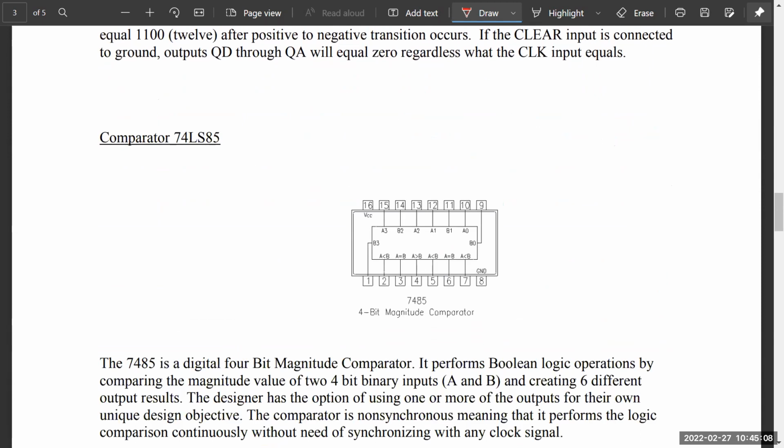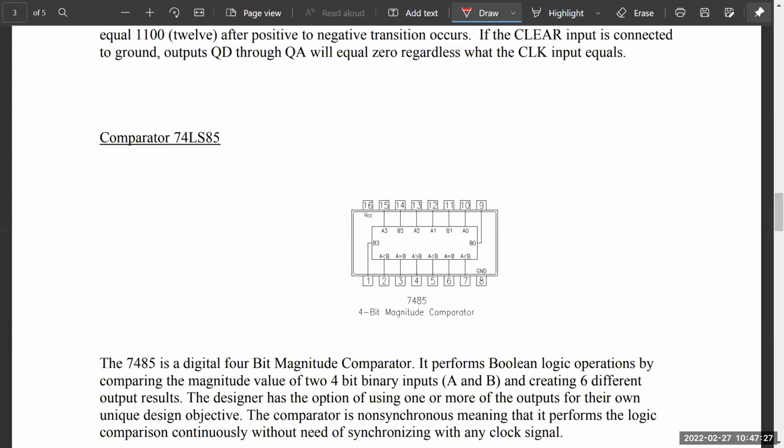So 74LS85 is the comparator that we are using for this lab. It compares the magnitude of the incoming digital signal.